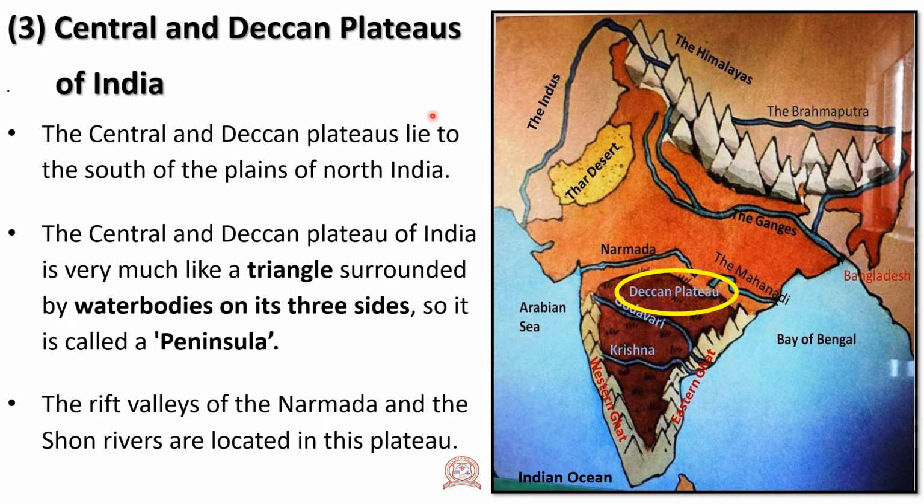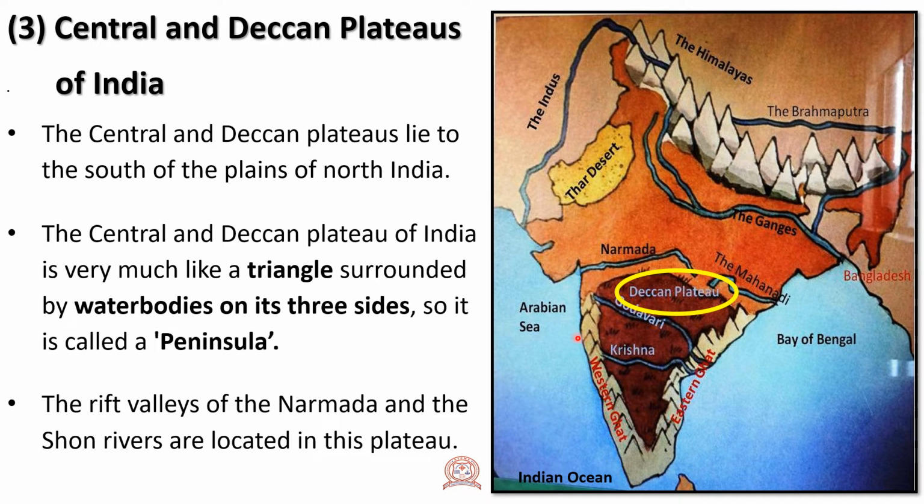Third one, Central and Deccan Plateaus of India. The Central and Deccan Plateaus lie to the south of the plains of North India. The Deccan Plateau of India is very much like a triangle surrounded by water bodies on three sides.